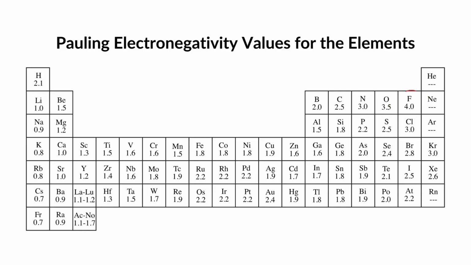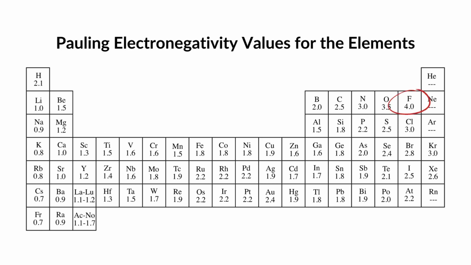And the range of that scale is large, from 0 to 4. That big. That is why a difference in electronegativity of 1.9 is already large. By the way, the highest value in that scale, 4, is for the most electronegative atom, the fluorine atom.